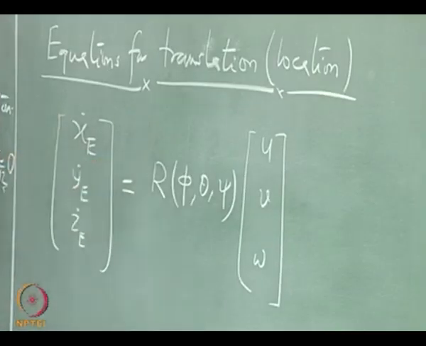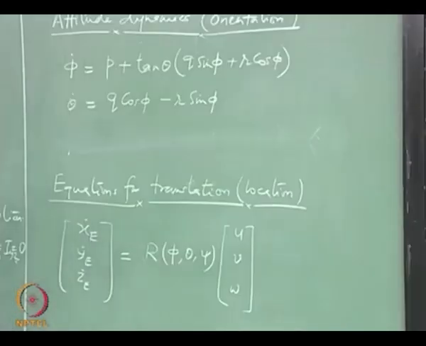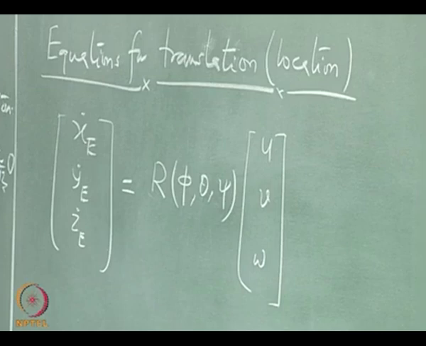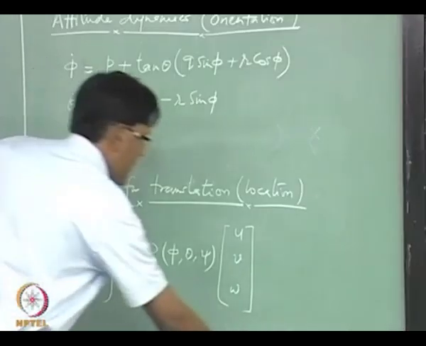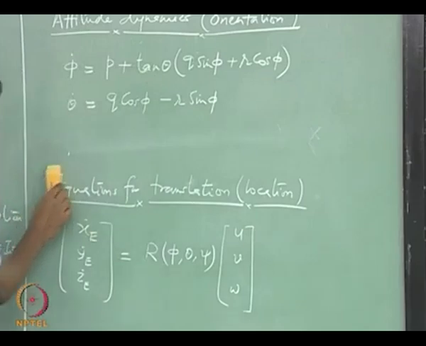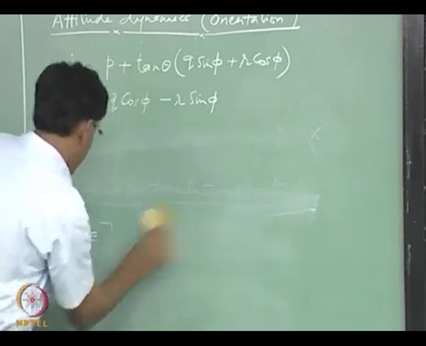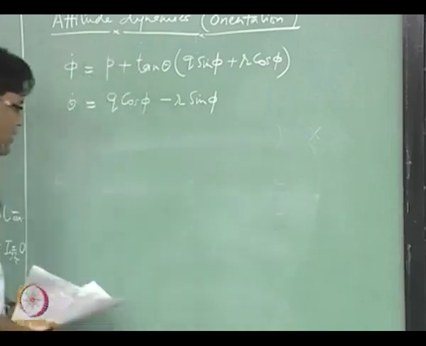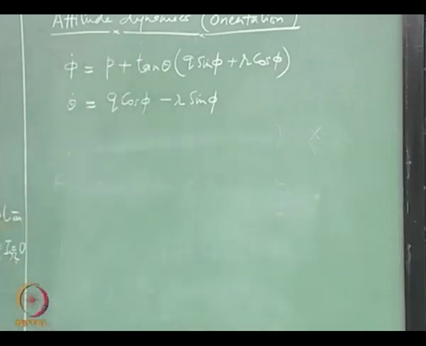But in general, if you want to know the location of your aircraft at any point in time, then you have to have these three equations, right, but it does not affect the stability of the aircraft. So we can remove these three equations, assuming that these first 8 equations are not depending upon the location of the aircraft.